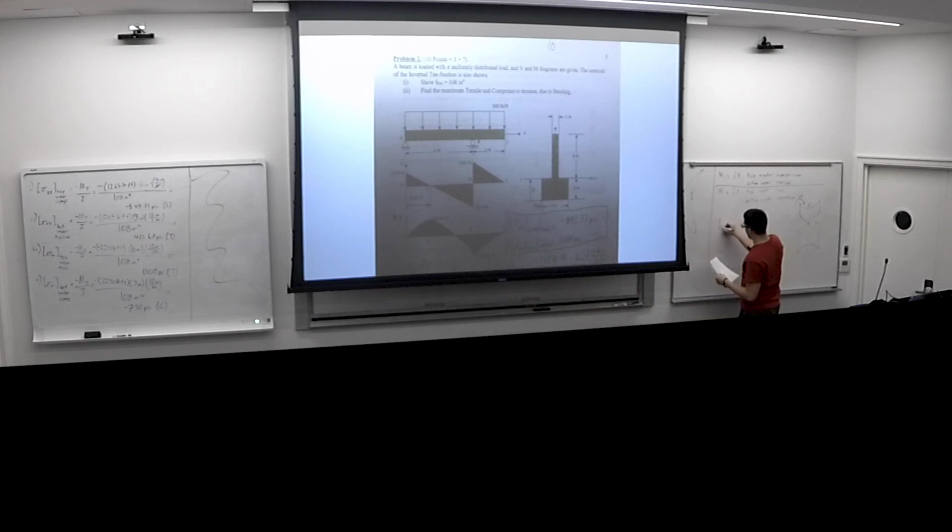So the maximum stress due to bending for compression is the -843.33, since that's the higher magnitude of the two compressive ones.